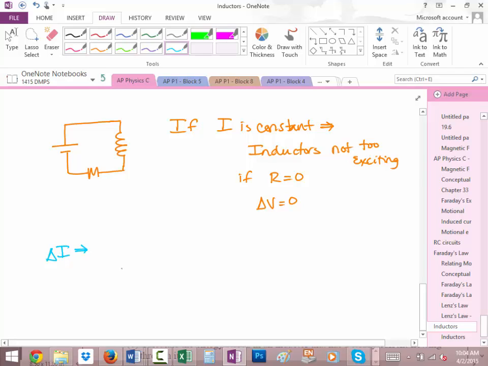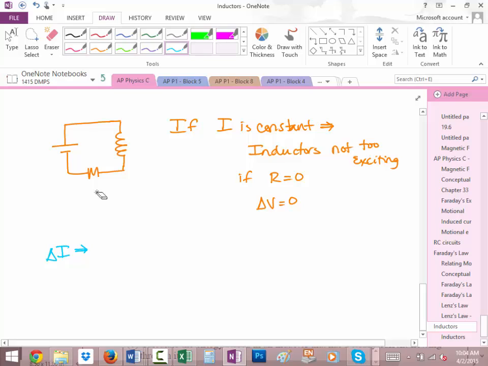Wait, inductors do have resistance though, right? An ideal inductor does not. So we're going to talk about ideal inductors. When you do electrical engineering, you're going to have to acknowledge that inductors do have a little bit of resistance. But from a theoretical perspective, they do not.